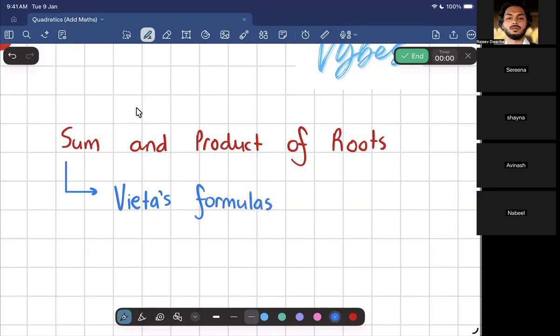And this is something you have been acquainted with, but you just didn't know about. So Serena, you know how we just factorize quadratics? Yes, sir. Let me give you a little example. It's the exact same thing we're going to look at here. So let me get a quadratic quickly.